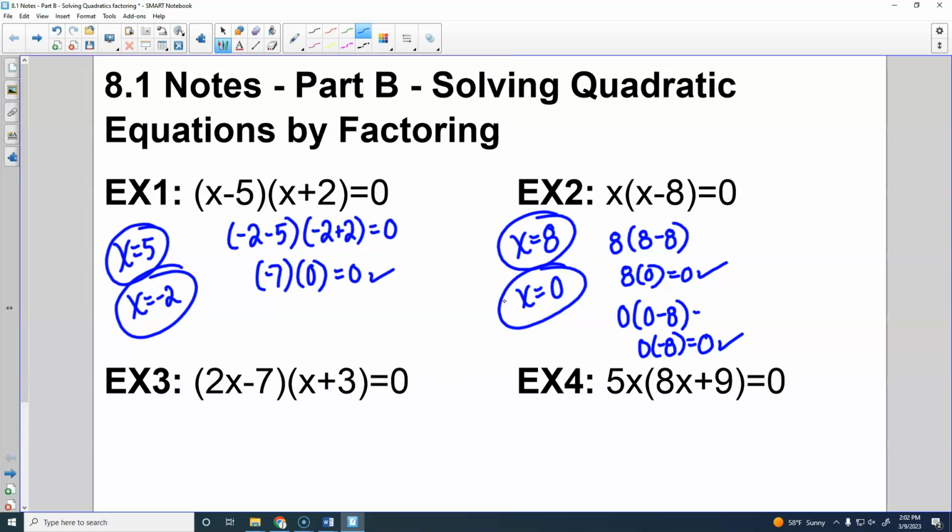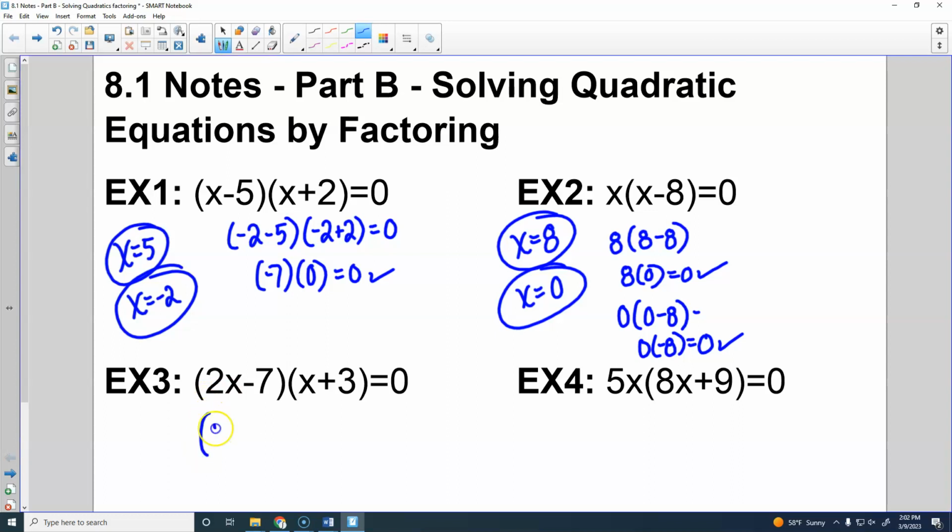All right, so we've got our answers for 1 and 2. What about 3? Oh, going straight to the difficult ones. Okay, so straight to the difficult ones. Aiden said 3.5.